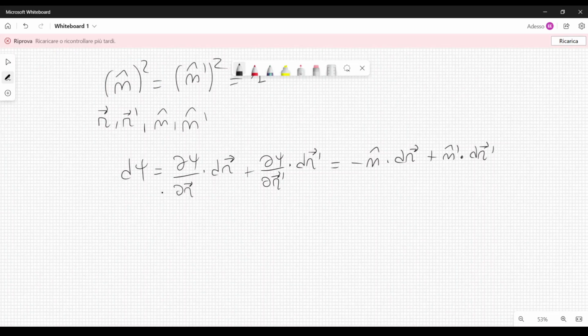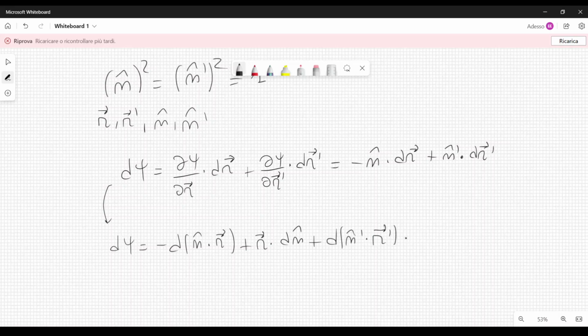We are going to rewrite this differential like this: d psi equal to minus d n dot r plus r dot dn plus d n prime dot r prime minus r prime dot dn prime.